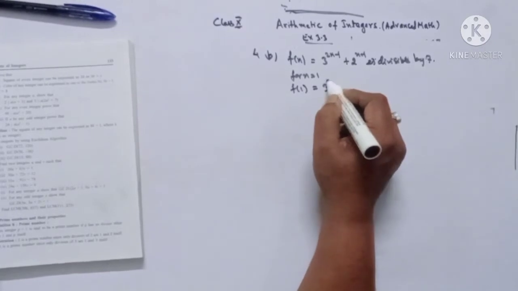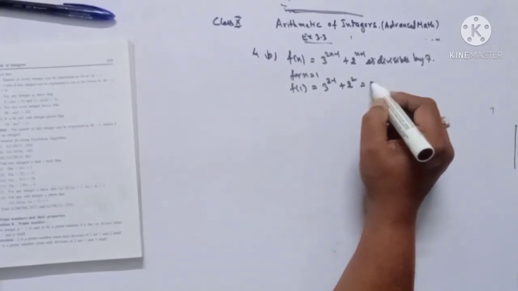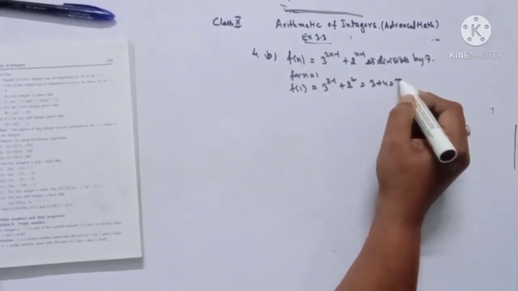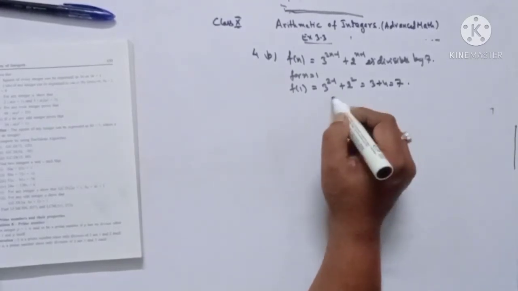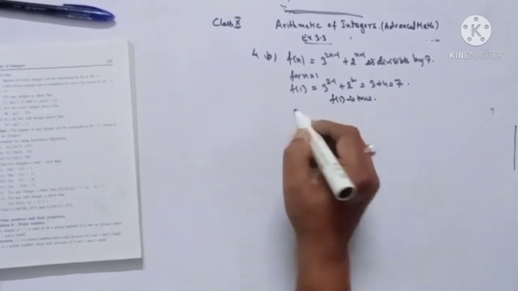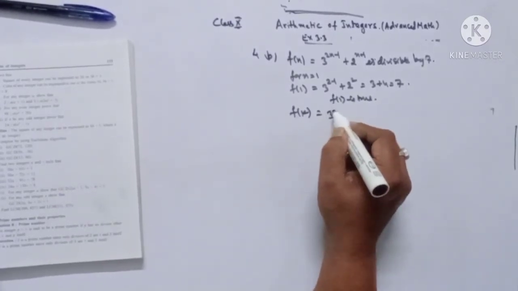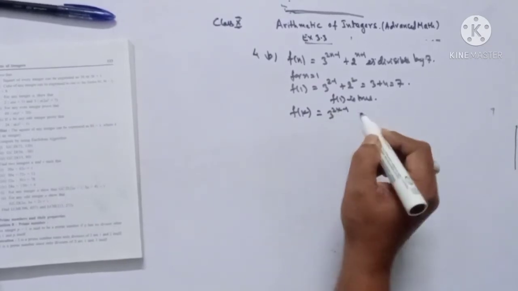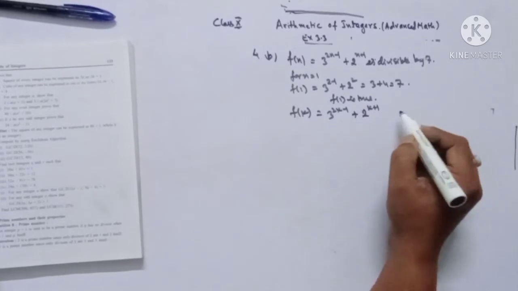So 3 to the power of 2 minus 1 plus 2 to the power of 1 plus 1, that is 2. So this will be equal to 3 plus 4, this is 7, it is divisible by 7, so f1 is true. Now for fk, this is equal to 3 to the power of 2k minus 1 plus 2 to the power of k plus 1.